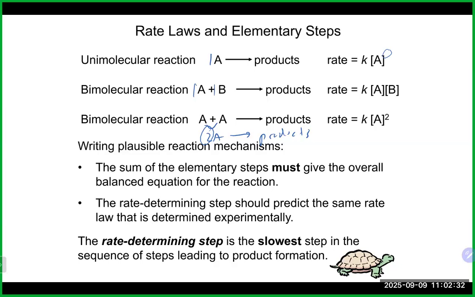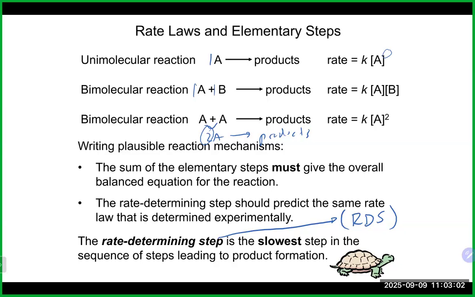The next thing, which is really important, is that there will always be a step in the mechanism that is the slowest step. That is what is known as the rate determining step, sometimes abbreviated as the RDS. That is the slowest step in the mechanism, and because it is the slowest, it is the most important, since it determines the rate law for the overall reaction.